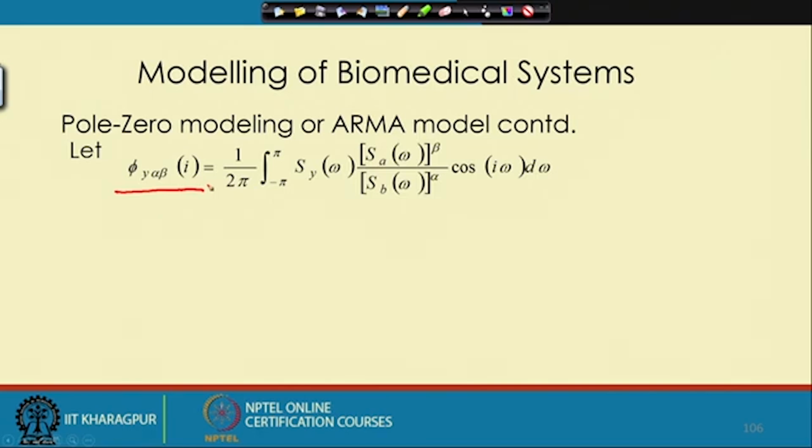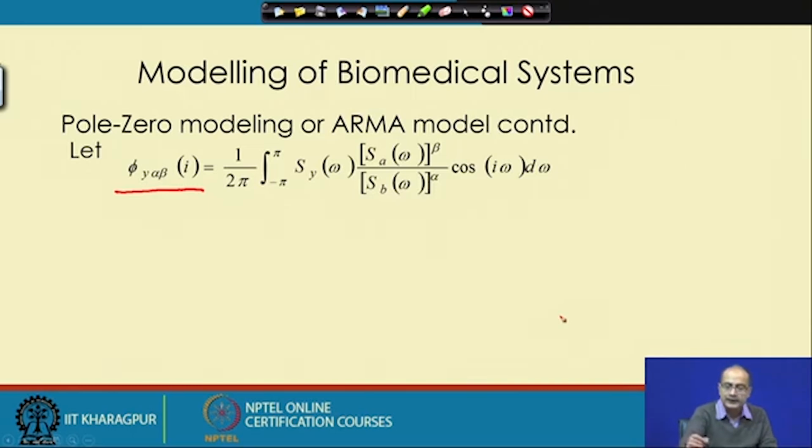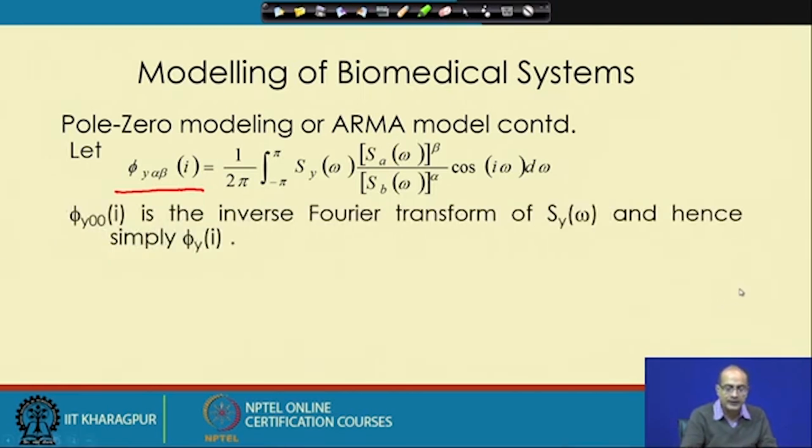The only thing we have done is use alpha and beta to take the power: in the denominator, S_B has the power alpha, and in the numerator, the term S_A has the power beta. That is the special thing we have done.